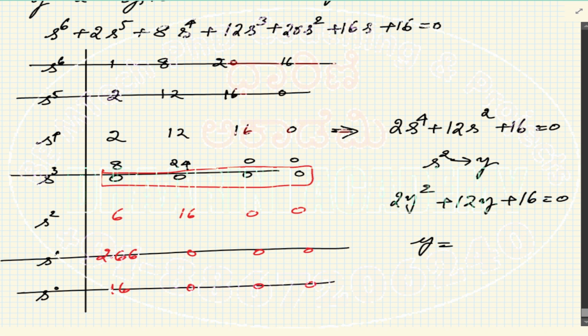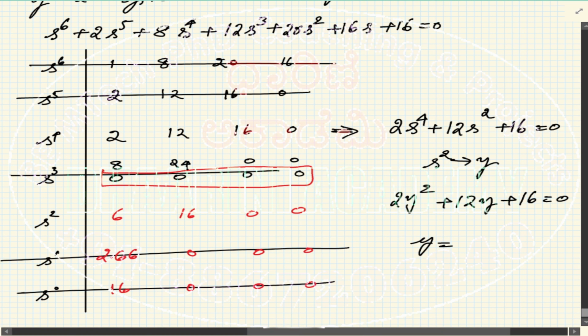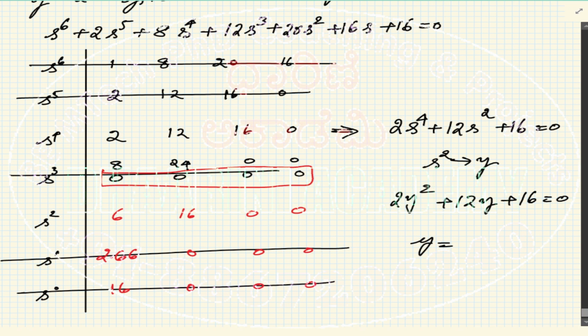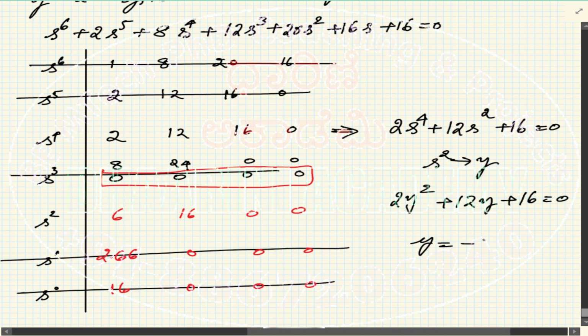Once I get y, I can substitute s square once again and find the other roots. This gives minus 2 and minus 4.